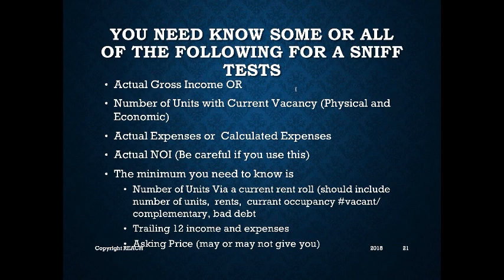And the economic vacancy is people who haven't paid their rent, or people who are working for you and get half of their unit free. They have a concession so they don't have to pay a certain month's rent. All of those lead to economic vacancy. And so we typically combine those.